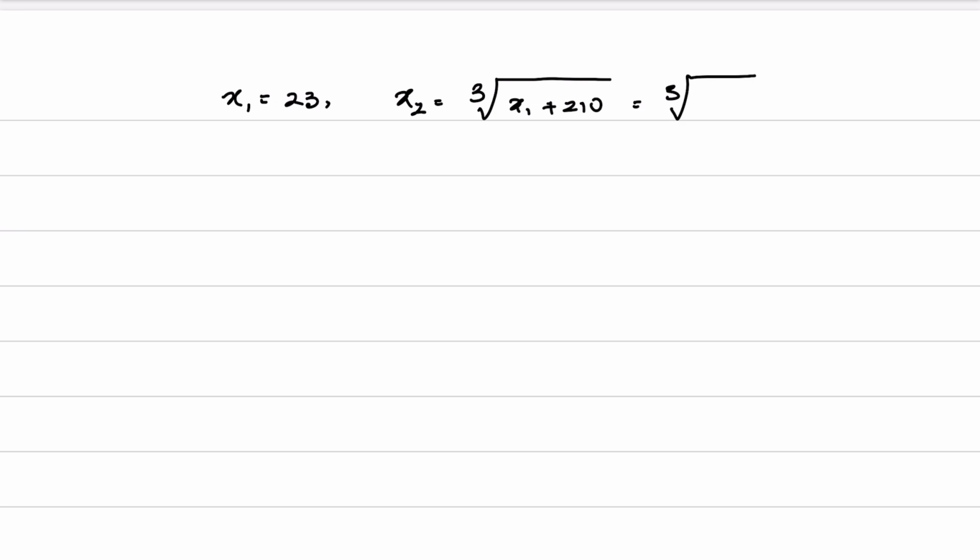Here x1, the initial value, is given as 23. Then what will be x2? x2 will be the cube root of x1 plus 210. That is the cube root of 23 plus 210, that is the cube root of 233.